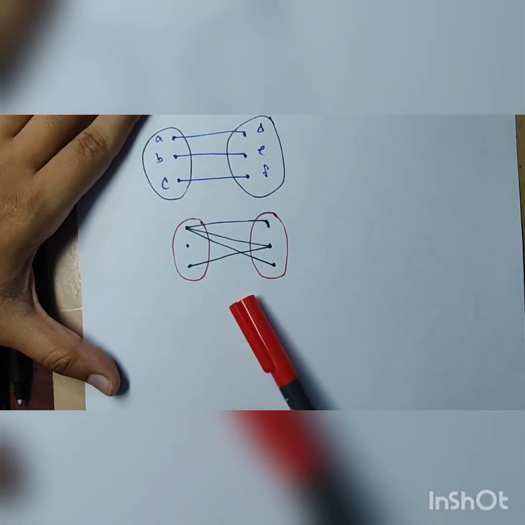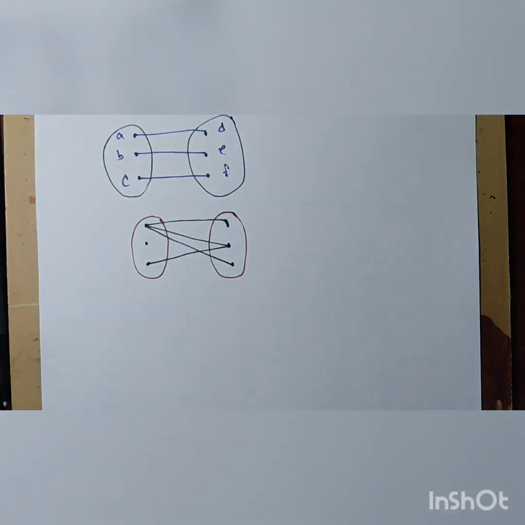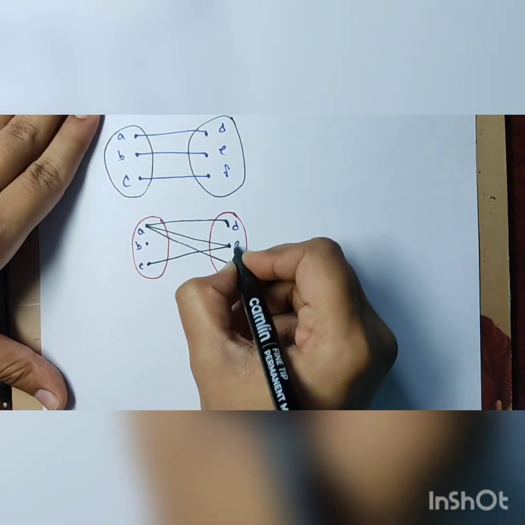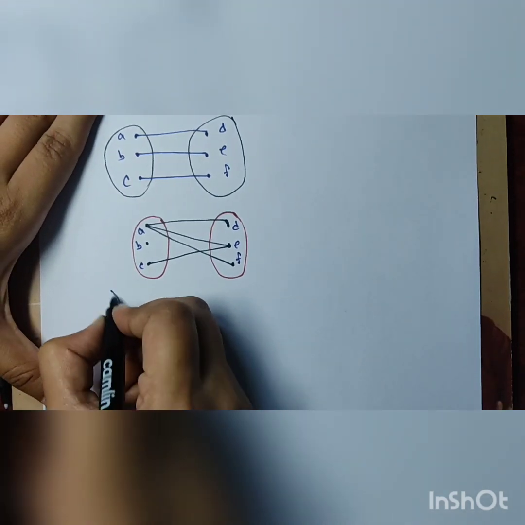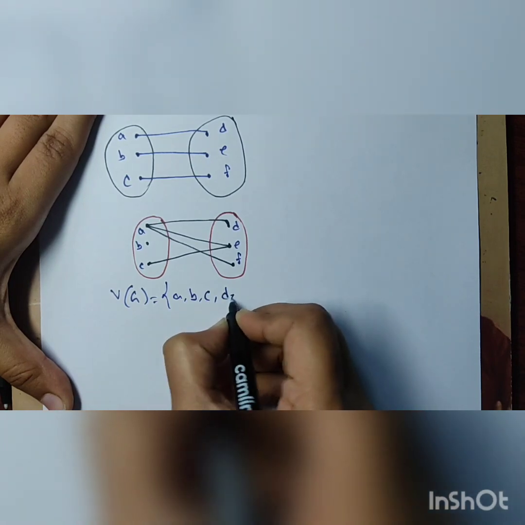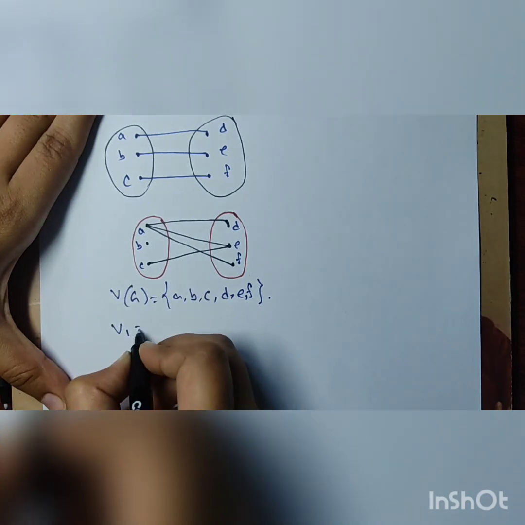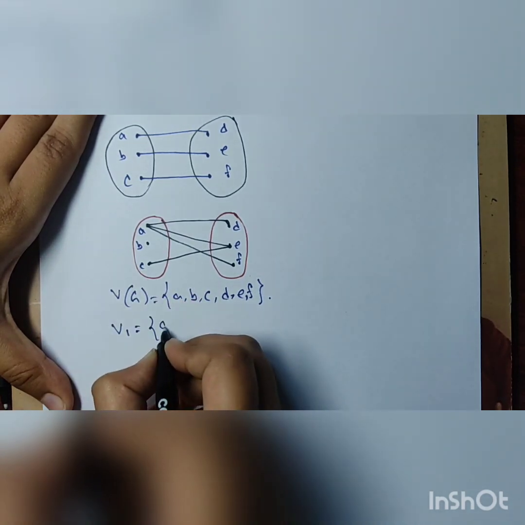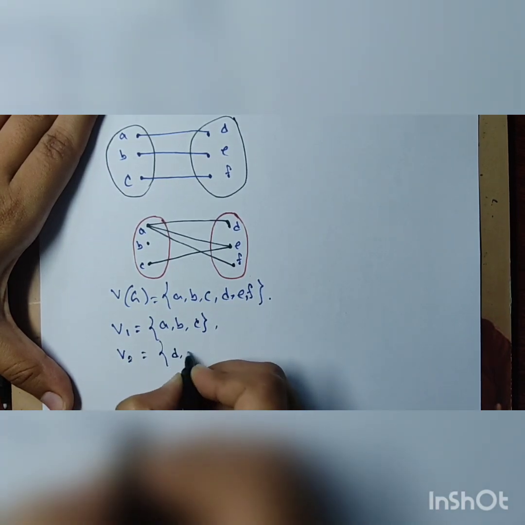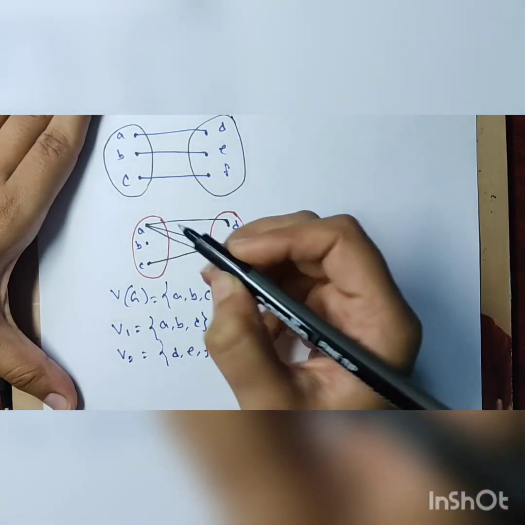Now actually for this graph we can consider another representation. Here the partite sets are, say, A, B, C and D, E, F. The vertex set originally, V of G, was A, B, C, D, E, and F. So 6 vertices were there, and we have taken V1 to be A, B, and C, and V2 to be D, E, and F. Now check that this vertex B is actually an isolated vertex.